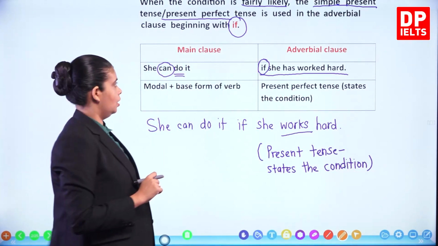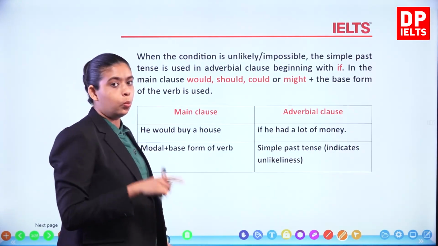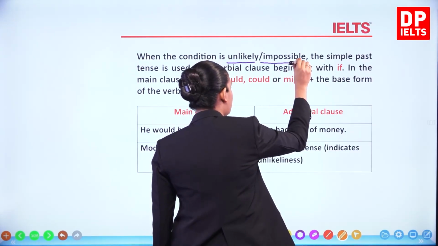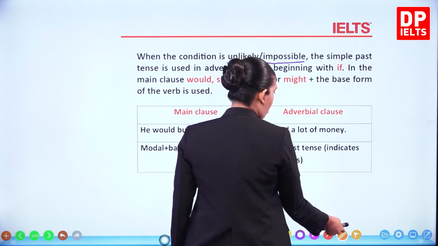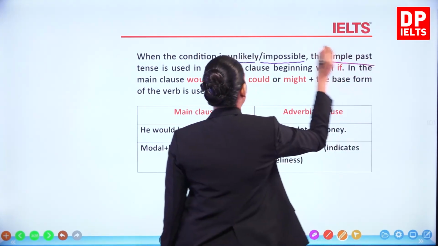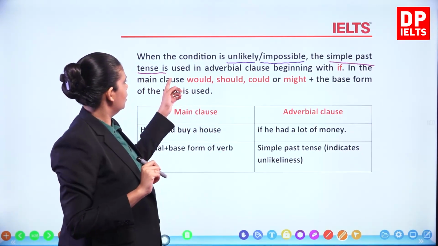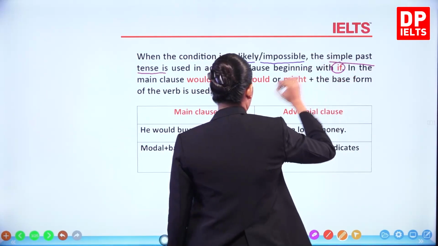Let's have a look at the next rule. When the condition is unlikely or impossible, the simple past tense is used with the adverbial clause beginning with if.